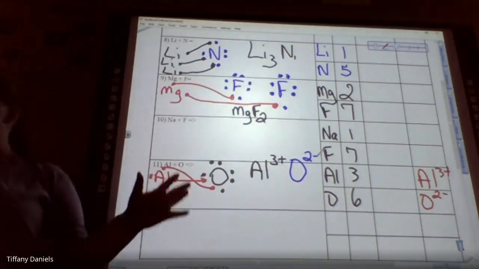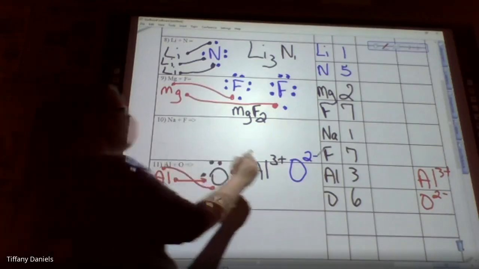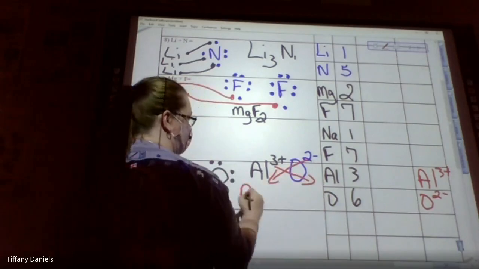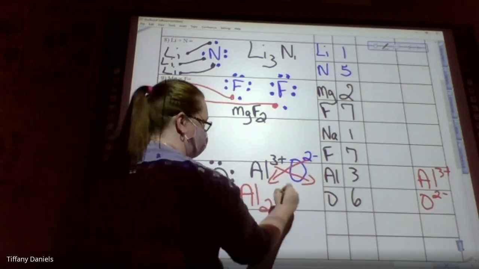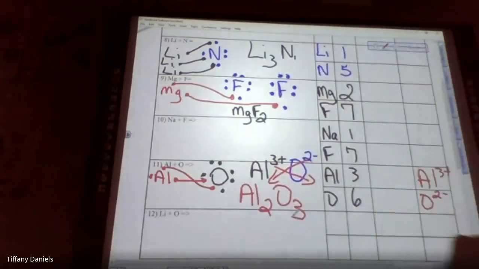I got those numbers from the periodic table. You crisscross them. So you get Al2O3. Once you crisscross them, mathematically, you no longer need those signs.